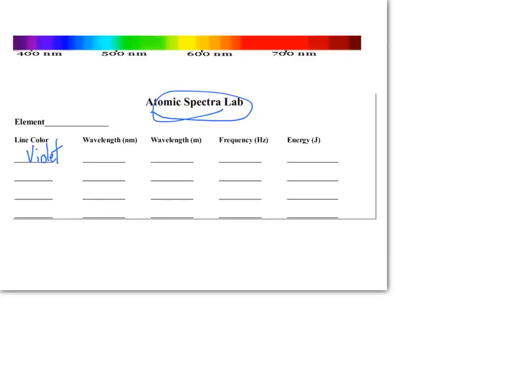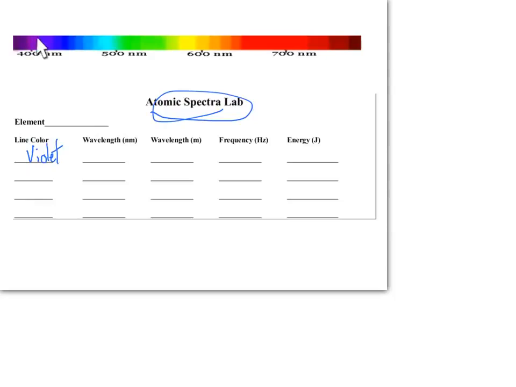So then what I do is look at the colors right here and estimate what wavelength that is. For example, I'm going to say it's maybe 410 nanometers. See how the violet is around 400?